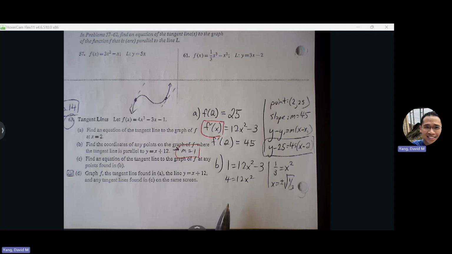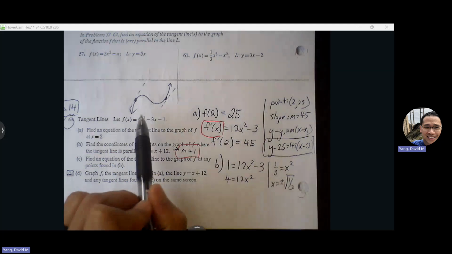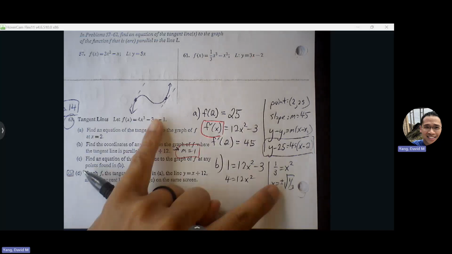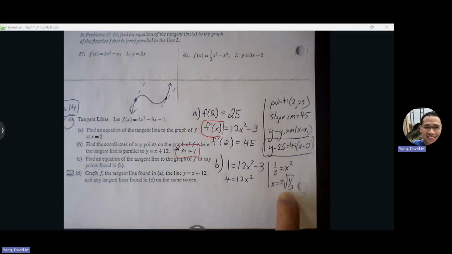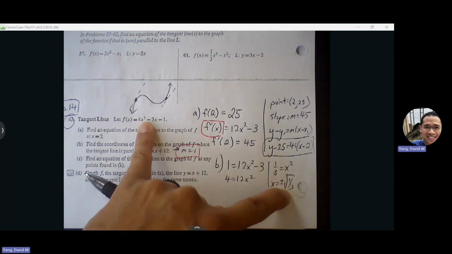And then part C says find the equation of the tangent line. So we can plug plus or minus root 1/3 into the function to get the ordered pair, and then do point slope. We know the slope is 1, and we know the ordered pair. It's a little messy because plugging plus or minus root 1/3 into the function is not going to give you a nice whole number.